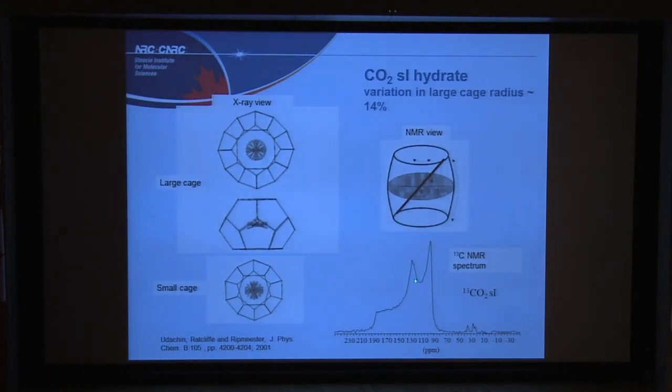There's this sharp component, and this then reflects the guest molecules in the small cage, which are spherically distributed, and it is an isotropic line. And you can see that for the other guests, we have an anisotropic pattern. That means that the guest molecule is somehow localized in the cage. It doesn't have a spherical distribution.